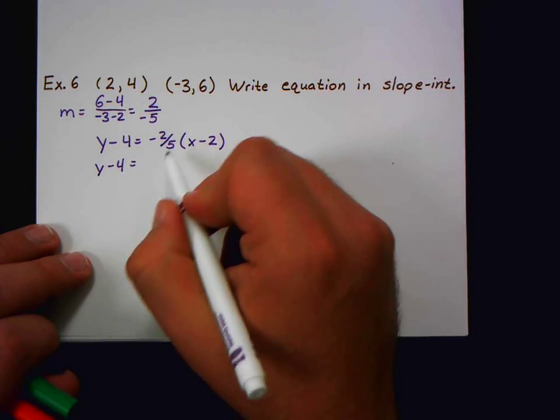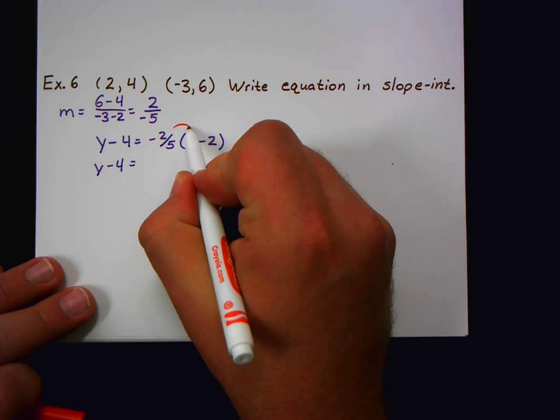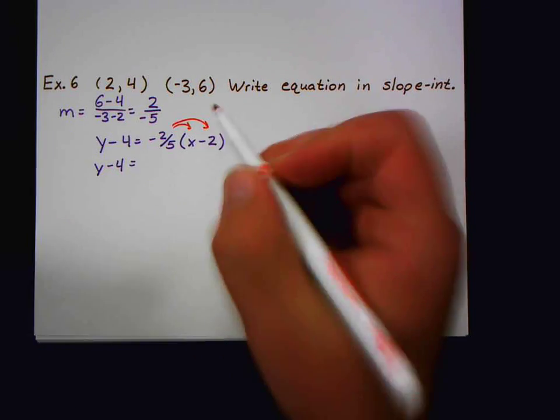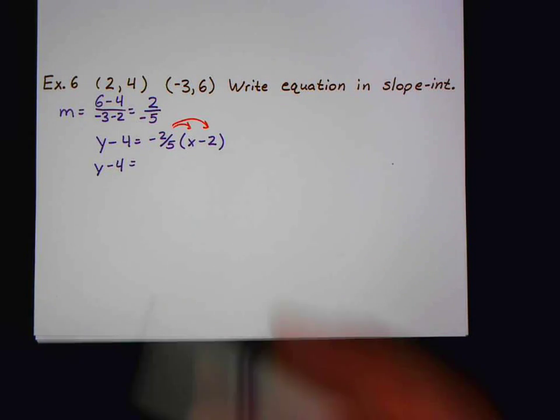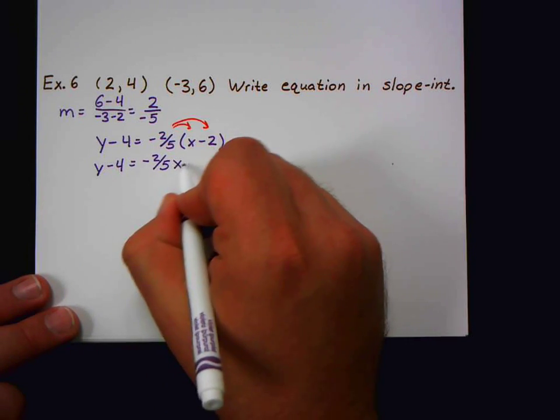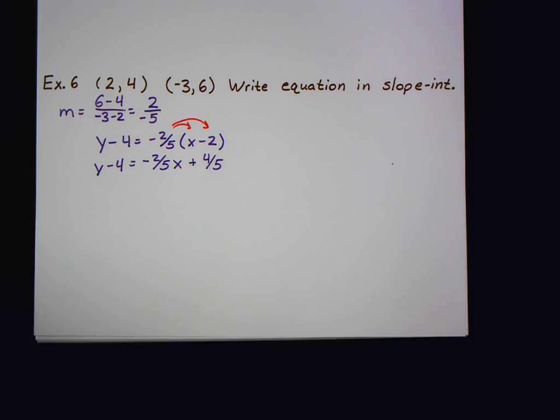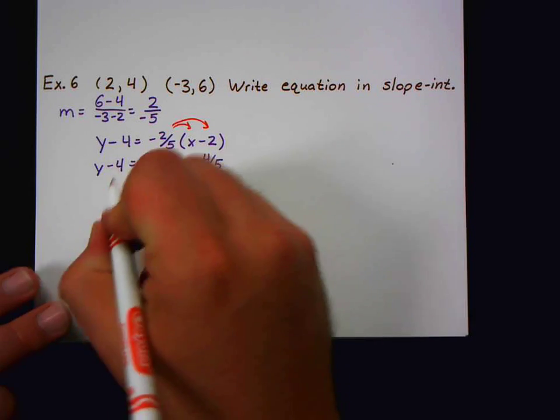Okay, first step, whenever I'm wanting to solve for y, is I need to distribute my slope into the x's. Okay, and then I need to add that 4 to the other side.